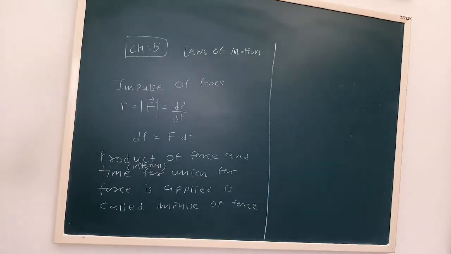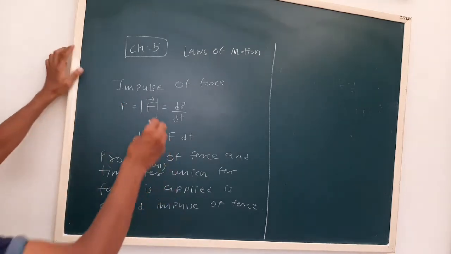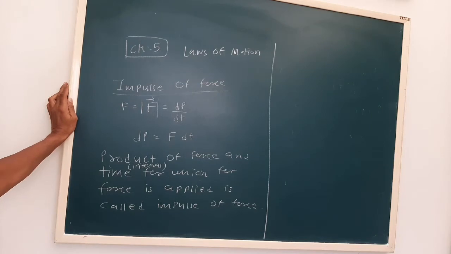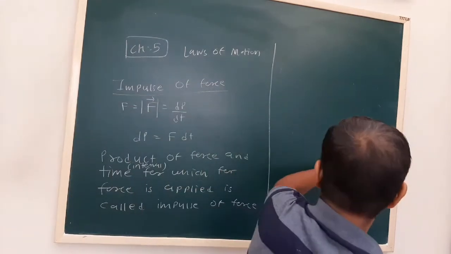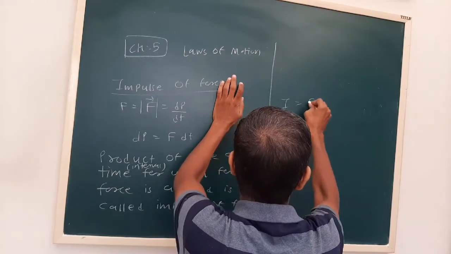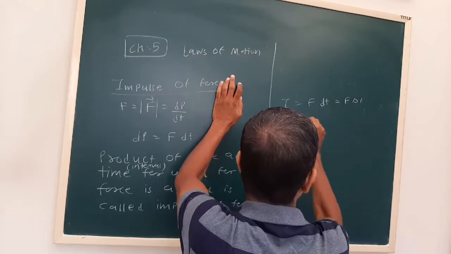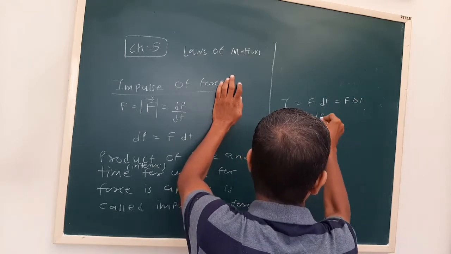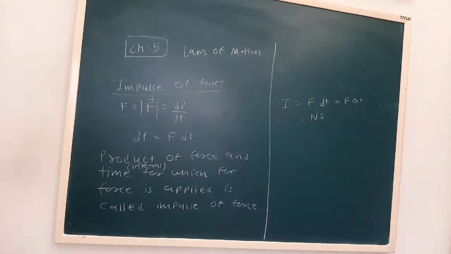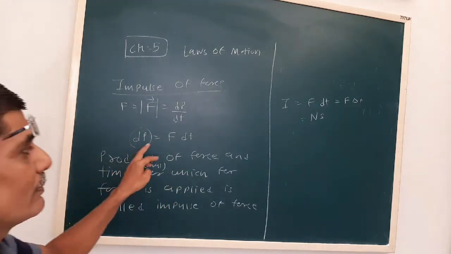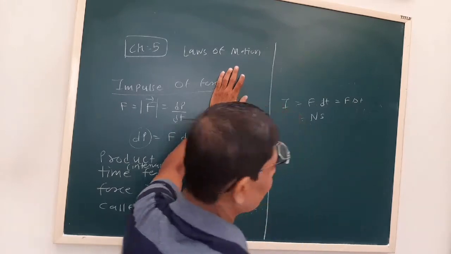The impulse of force is a new quantity for us, so we should know about its unit and dimension. The impulse, denoted as I, is F into delta t. Force is in Newton, time is in seconds, so the unit is Newton second. Also F dt is dp, that is momentum.